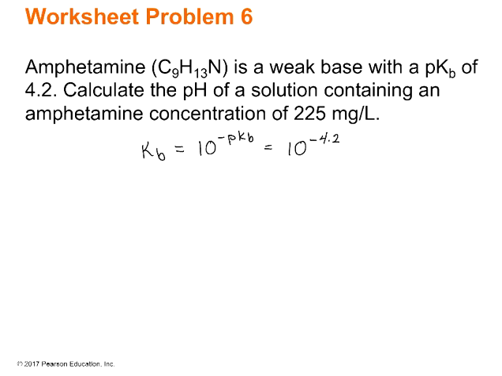So we'll just plug in 4.2 for the pKb value. And when we plug this into our calculator, we should get a value of 6.3 times 10 to the negative fifth. All right, so that gives us our Kb value. And now we're going to set that equal to the equilibrium expressions for each of our products and our reactant.